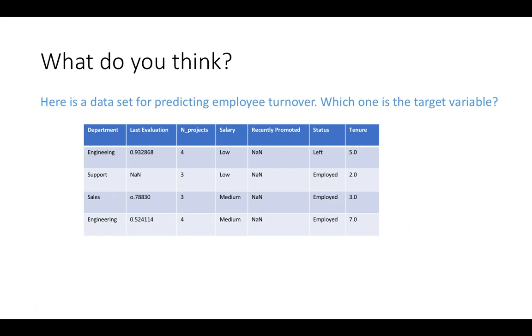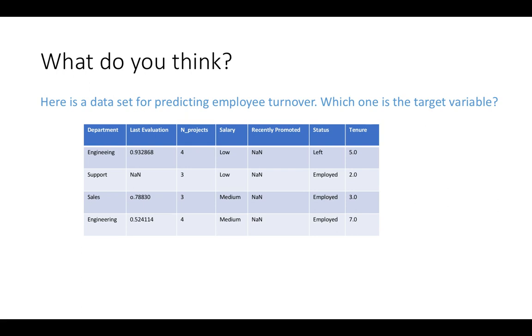So we have an HR database here, a very simplistic HR database, to predict whether an employee will resign or not. So in this table, what do you see and what is the target variable? There are a lot of features there, but one of them is the target variable.